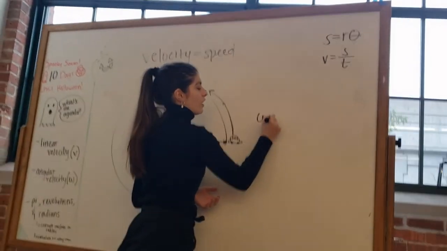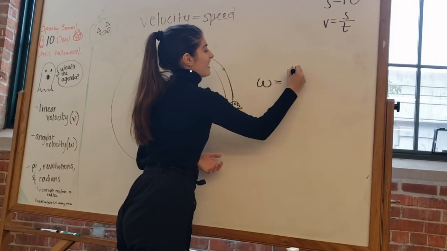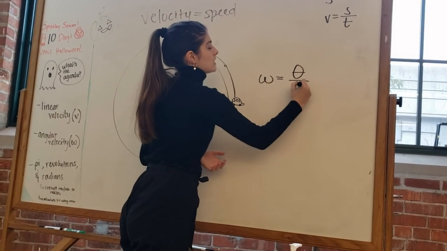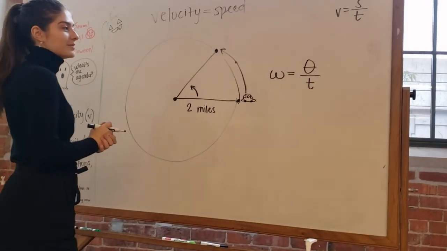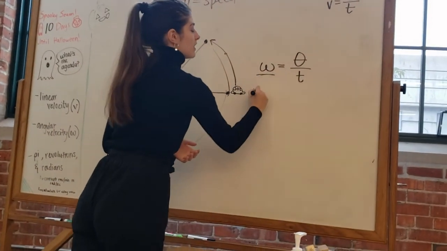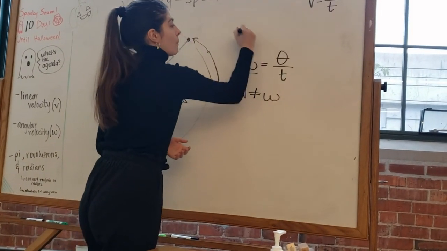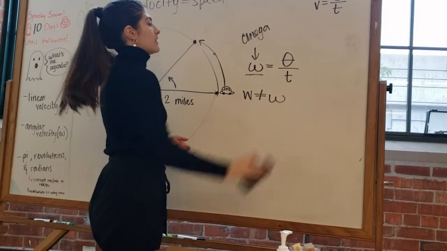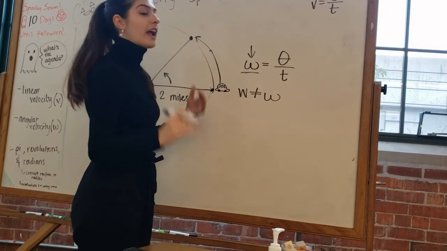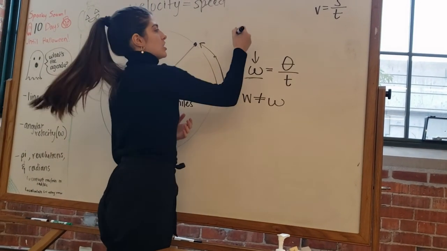Bear with me. Omega equals theta over time. You should label them. Oh, I will. So this right here, this is not a W. This is omega. Omega, all right? This is our angular velocity, so how fast our angle is spinning, how fast our angle is changing.